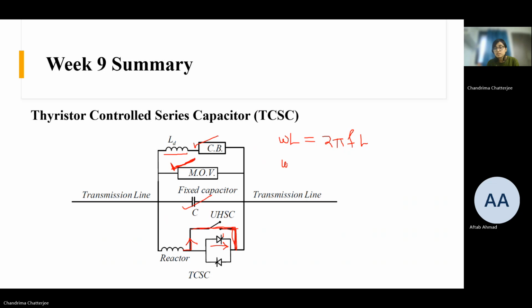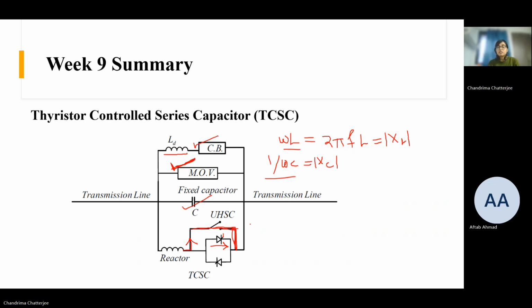Similarly, 1 by omega C is equal to XC, that is the capacitive reactance. This is inductive reactance, this is capacitive reactance. These are the magnitudes, and actually we represent them as 1 by j omega C and j omega L. If we just talk about the magnitude, then this is omega L and this is 1 by omega C.